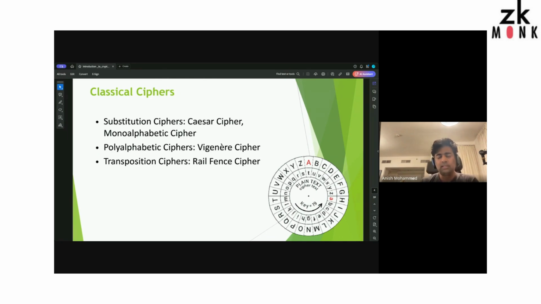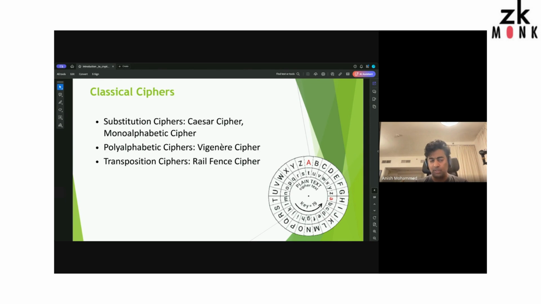The simplest mechanism you could think of: imagine you had the alphabet written in an outer ring and another set of alphabets written in an inner ring, and they match each other. If you move them slightly, you can have, say, A map to T. So if the plaintext is A, the ciphertext is T, and when you look it up backwards, when you have T in the ciphertext, you get A back.